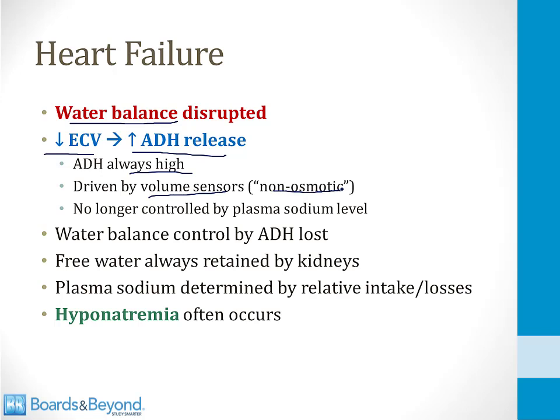It's non-osmotic release of ADH, and therefore the ADH level is no longer controlled by the plasma sodium level. This means that water balance control by ADH is lost and free water is always retained by the kidneys, so the plasma sodium level is determined by the relative intake and losses. And for this reason, hyponatremia is very common in heart failure patients because they often drink more free water than they need, and this leads to hyponatremia.